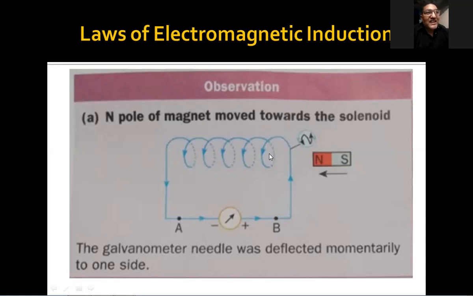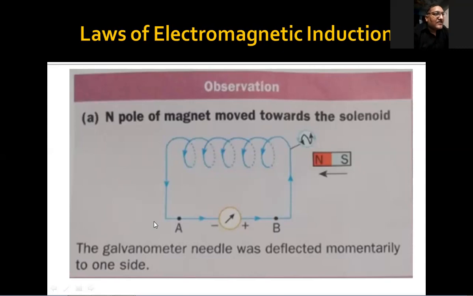That's Lenz's law: the direction of the induced EMF is in such a way that it opposes the cause which is inducing it. I hope that you have understood this story.